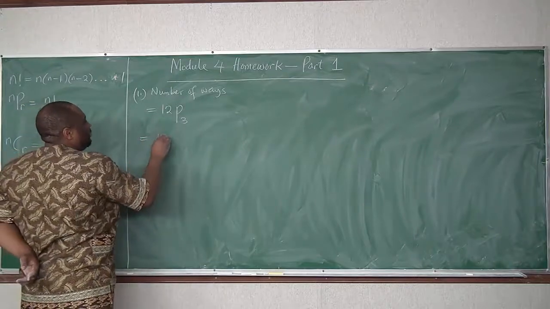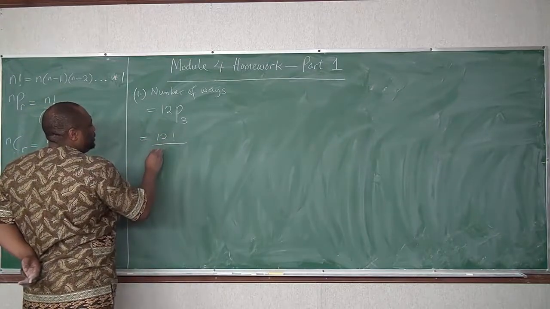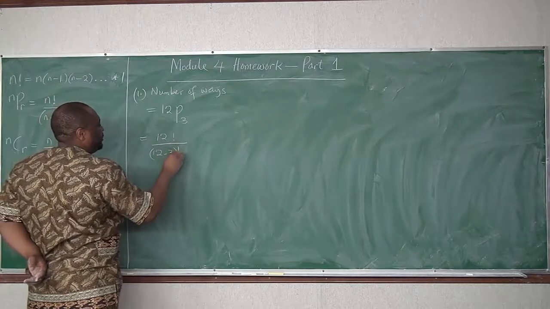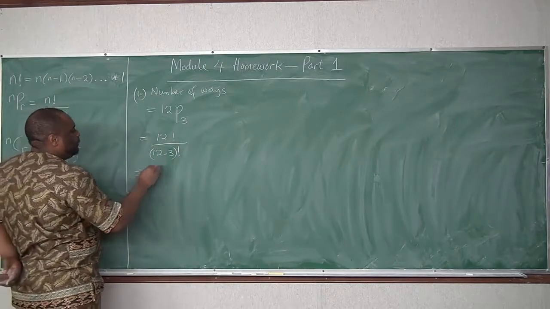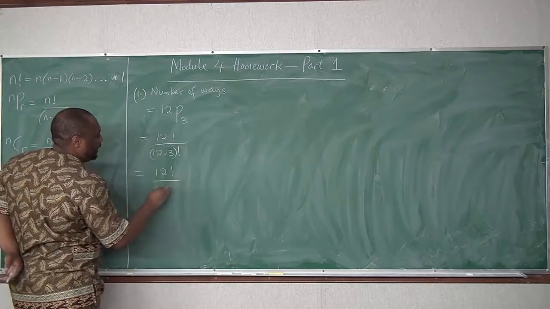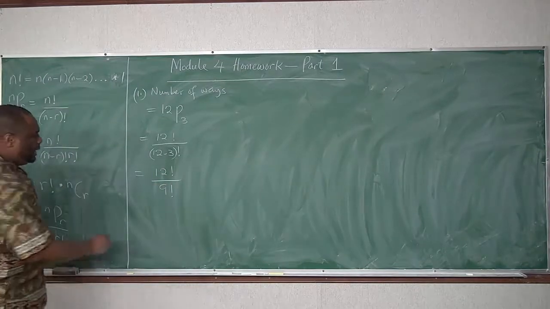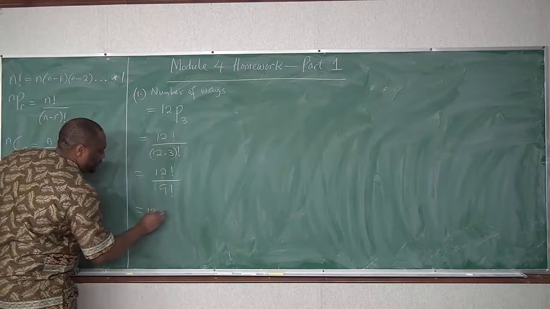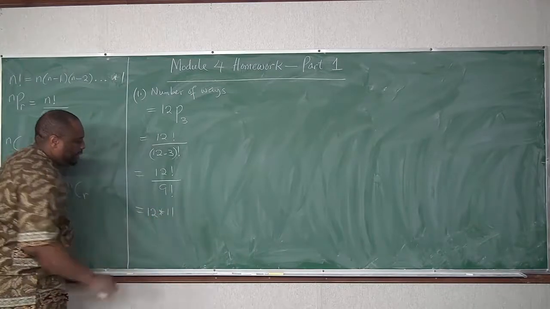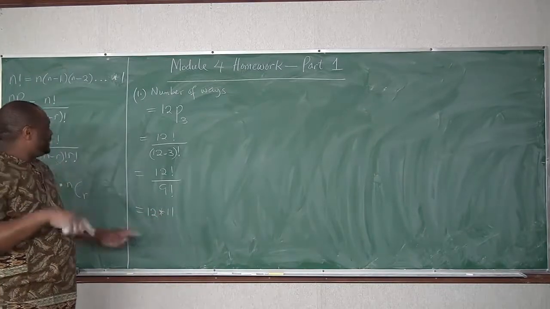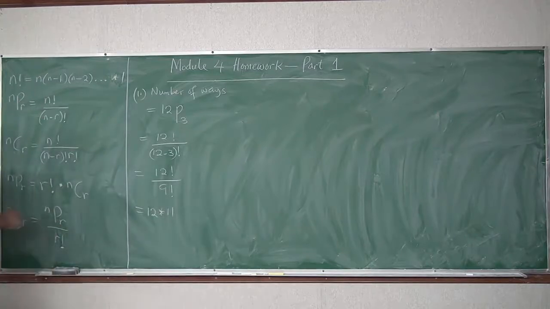And that will give us 12 factorial over 12 minus 3 factorial, which is 12 factorial over 9 factorial. And that will give us 12 times 11. I am using asterisks as times.